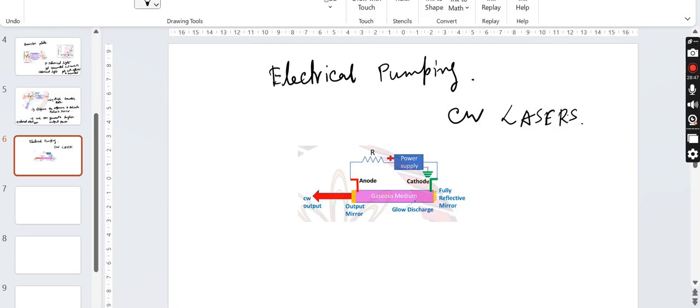So to enhance the pumping efficiency, we sometimes mix the lasing gas with one or more surrogate gases.